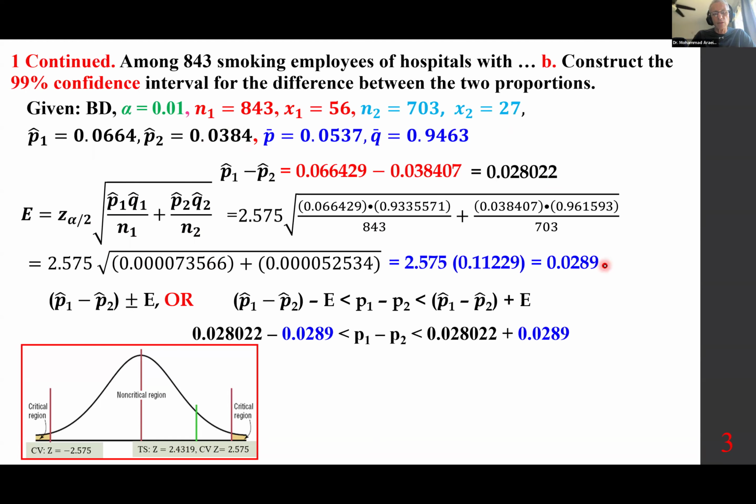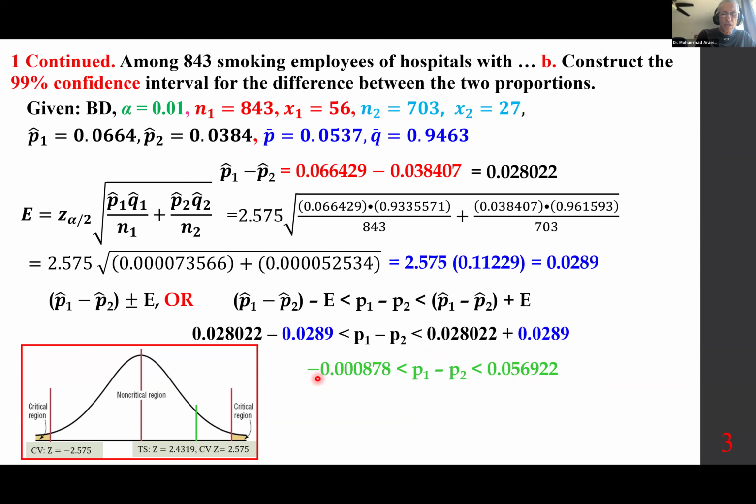Okay. So subtract from it, add, and we get the following. Negative to positive. Negative, it doesn't matter how small or large: negative 0.0000878. Positive 0.05692. P1 minus P2 is somewhere in between.